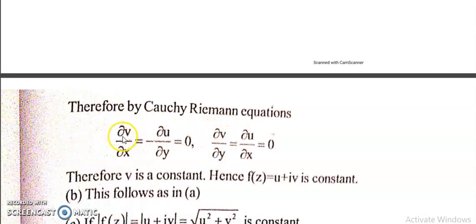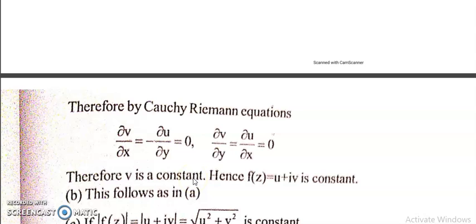So what is our conclusion? If vx is 0 and vy is 0, the derivative of v is 0, which means v is a constant function. Therefore, v is constant.